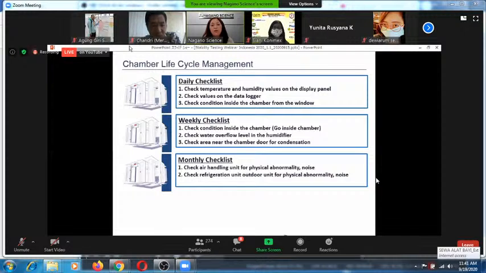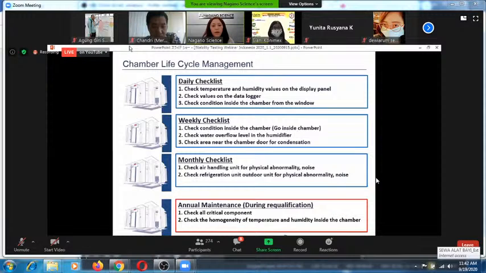Check the air handling unit for physical abnormalities and noise, and check the refrigeration unit, outdoor unit, and noises. So we do daily, weekly, monthly checks to keep the chamber running without problem, because once the stability testing has stopped, we have to make many reports and so on, which is pretty troublesome.